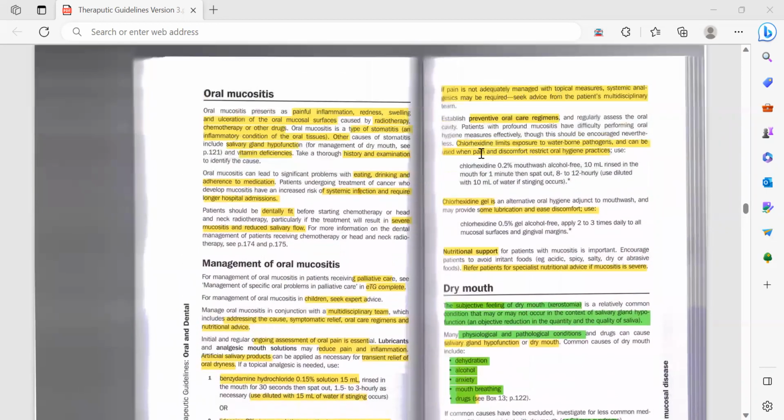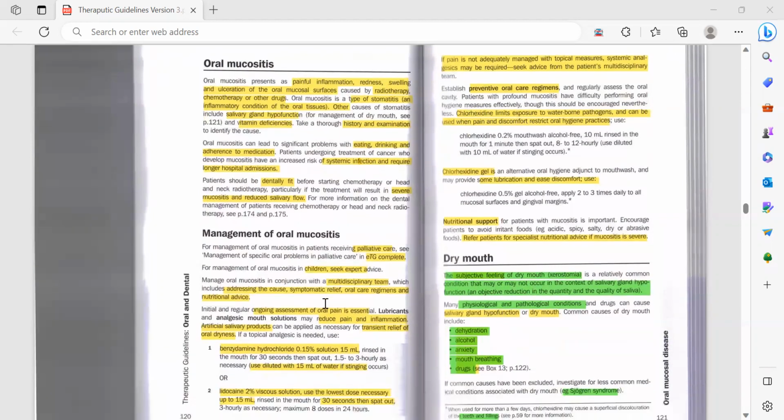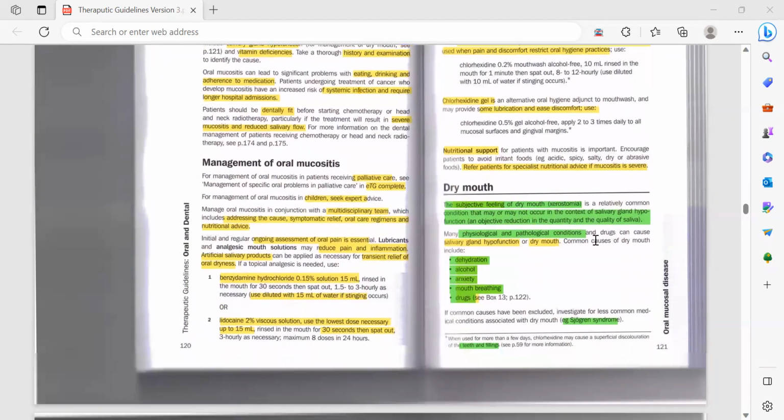For that you can prescribe chlorhexidine for the time being, but still you need to enforce the oral hygiene practices. Okay, and the nutritional advice. So you need to do these things, and after that you can take specialist advice if the mucositis is severe.